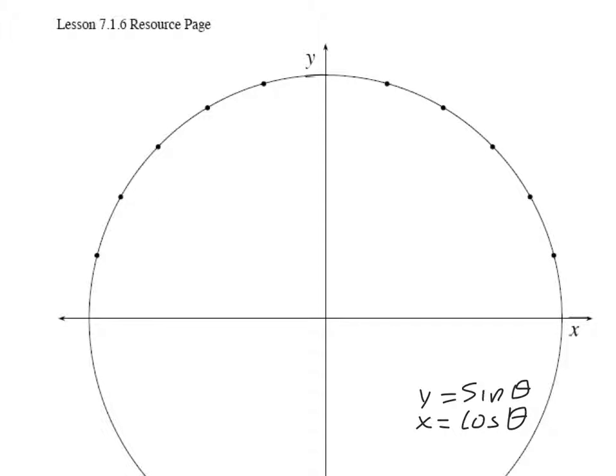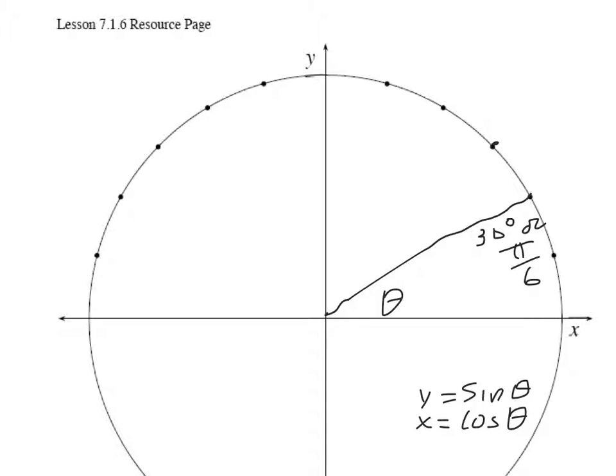Let's label some of these angles in terms of degrees and radians. We're only going to take a few of these points, not all of them. This point right here, given this angle is theta, is 30 degrees or pi over 6 radians.